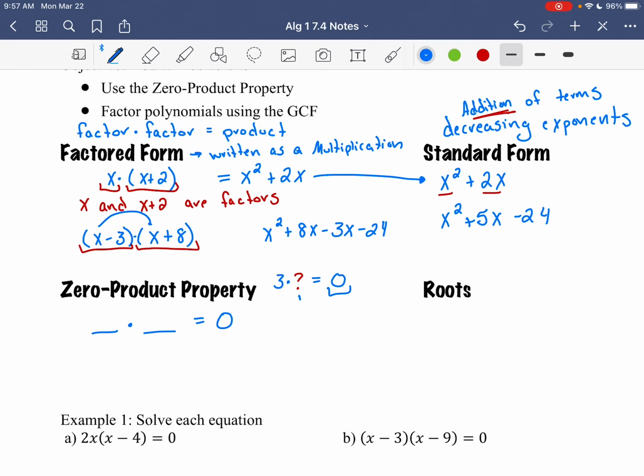So that means this missing piece has to be a 0. So what the zero product property tells me, if I multiply two things, the product of two numbers, for the product of two numbers to be 0.